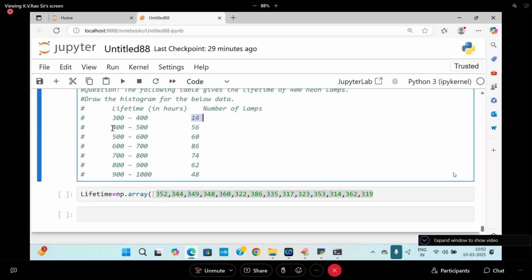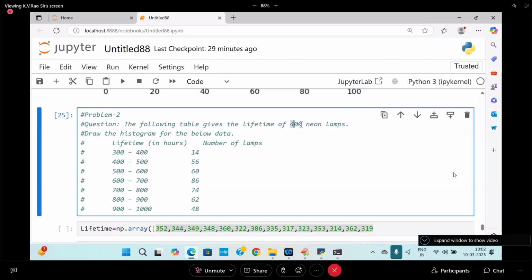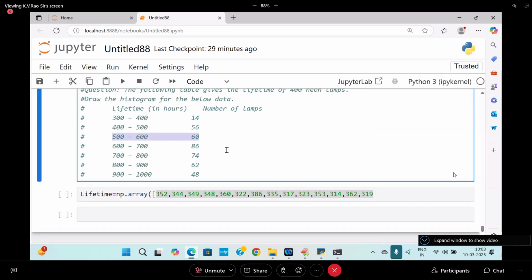Next, 400 to 500, how many values? 56 values I want. I am going to take it.